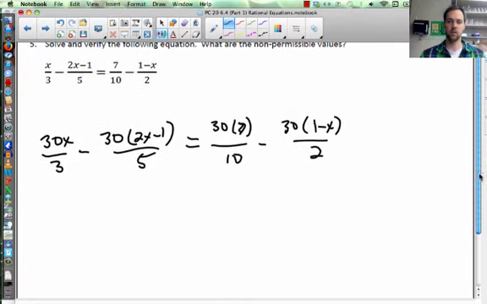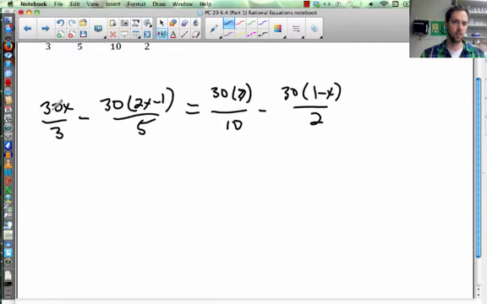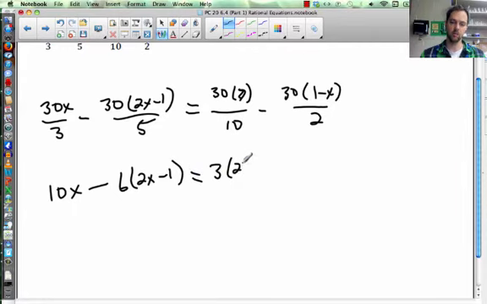Now I said it would get rid of the denominators, and here's how. 30 divided by 3 is 10, so that leaves you with 10x. 30 divided by 5 is 6, so that leaves you with 6 times 2x minus 1. 30 divided by 10 is 3, that leaves you with 3 times 7.